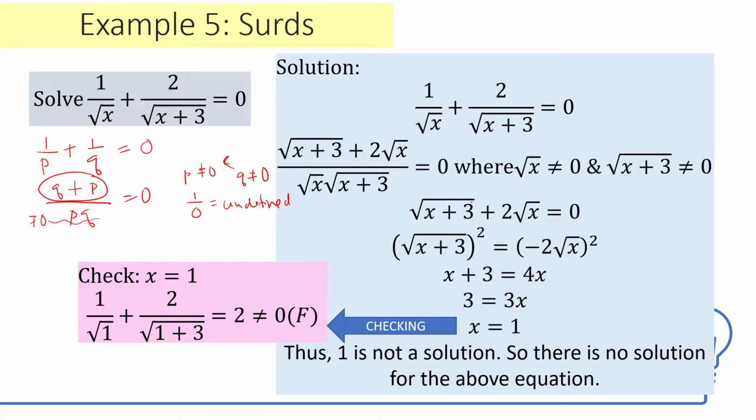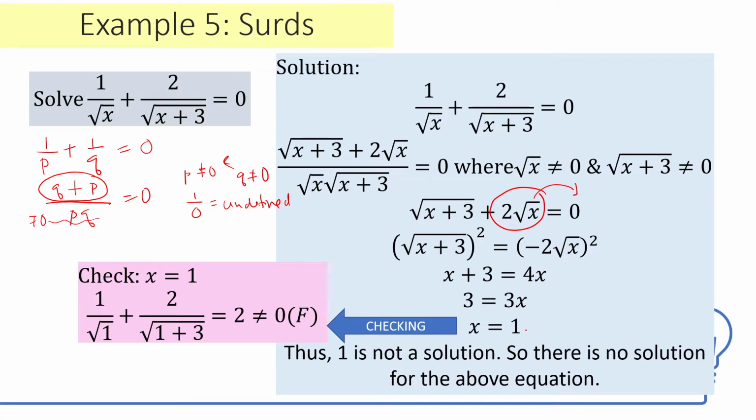So now my numerator surd x plus 3 plus 2 surd x must equal to 0, and then we apply our strategy. Keep one surd on one side, so I shift my second surd to the other side, becomes minus 2 surd x, and squaring both sides. The left hand side is x plus 3, the right hand side is 4x. So, and then we solve for it, x equals to 1.